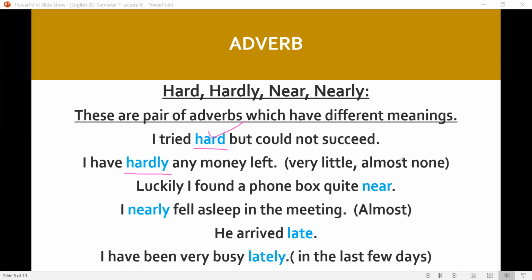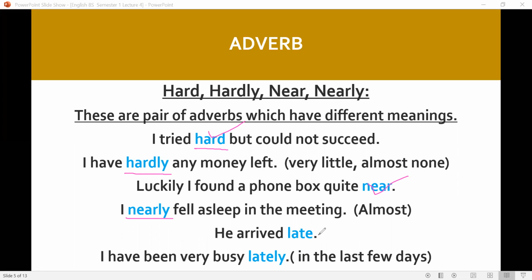Hardly means almost none, very little. Luckily, I found a phone box quite near, right before there. And nearly means almost. There is a lot of difference between near and nearly, hard and hardly, as you can see in the construction of the sentence and the function which they are playing in the sentence.